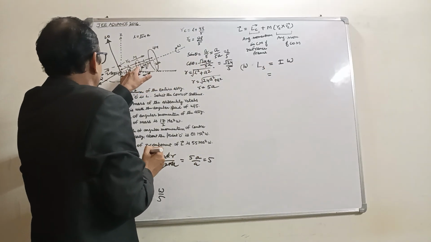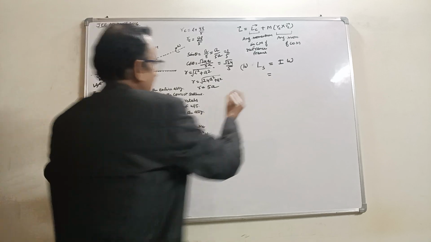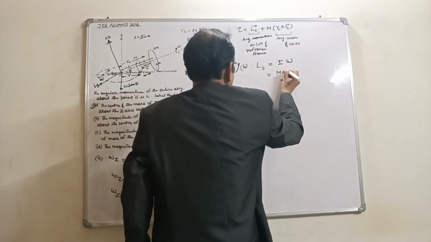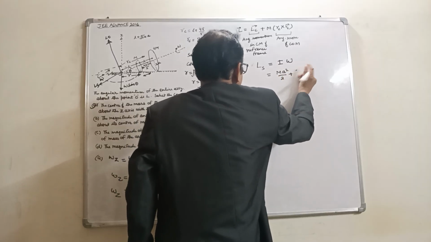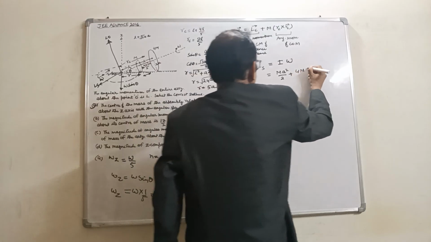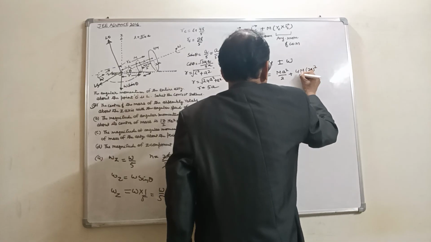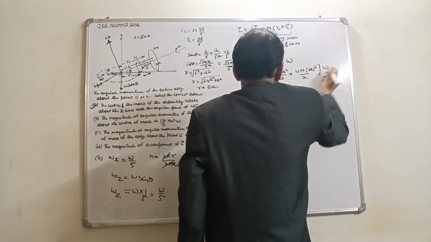For this disk it is ma square by 2, plus the moment of inertia of the big disk having 4m mass and radius 2a, which is 4m into 2a square by 2, and the angular velocity is omega.